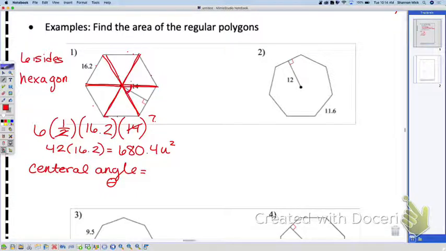Well, what does this whole thing equal? 360. And how many triangles did I cut that into? 6. So 360 divided by 6, 60 degrees. That's not hard, is it?